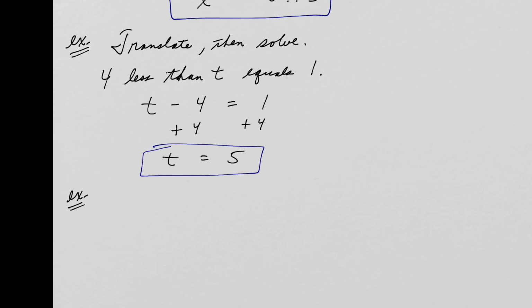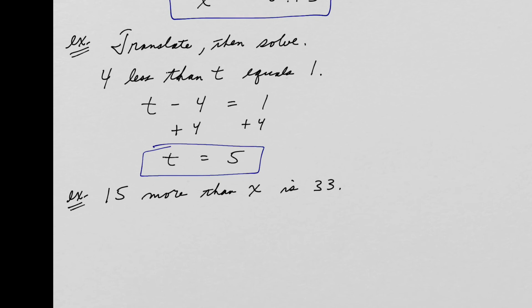Let's say we're given 15 more than x is 33. Okay, so 15 more than x is x plus 15, or in this case, you could also say 15 plus x. It doesn't matter because it doesn't matter the order in which you add numbers together.